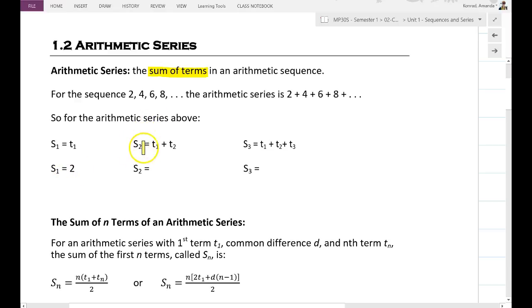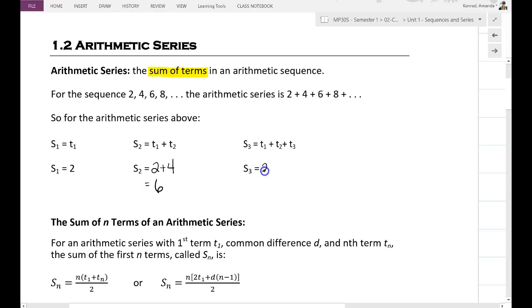The sum of two terms is you're going to add the first two terms of that sequence. So term 1 is 2, term 2 is 4, which means your series of the first two terms is going to be 6.